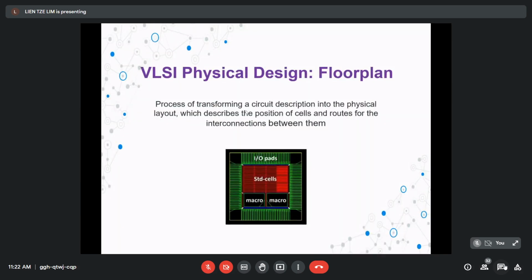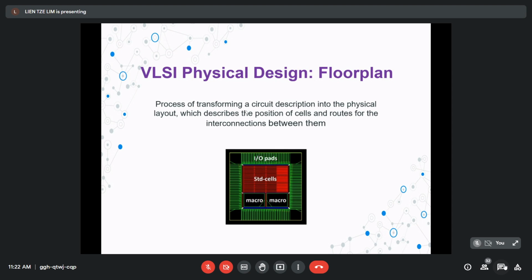Okay, so that is all about the descriptions for the Y chart. It's also very brief. The next one is the VLSI physical design.